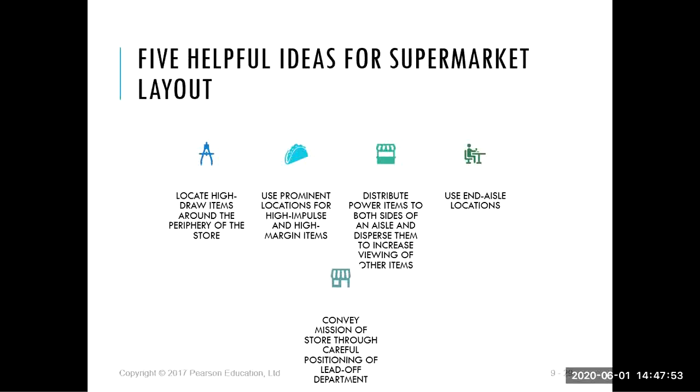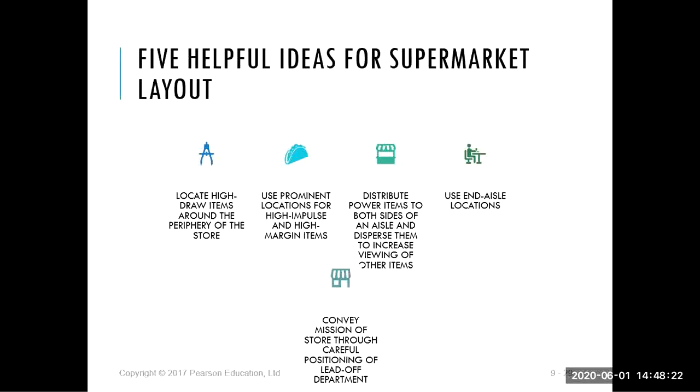The high draw items are more flour, sugar, and other products. That's why in a mini market we can see the drinks are put at the entrance, because people go to the mini market to buy other items, not drinks. But after they buy, they can see the drinks, so they will take some drinks there.